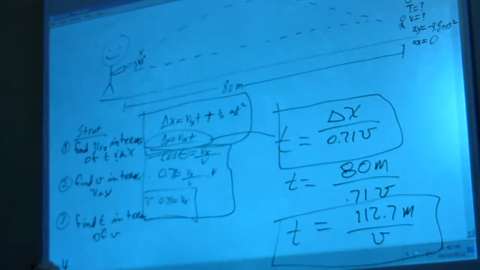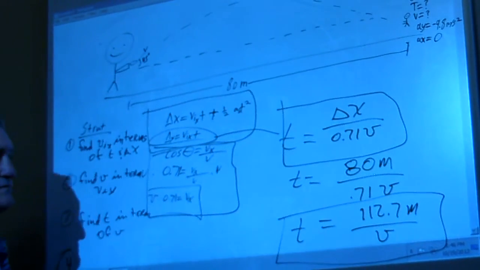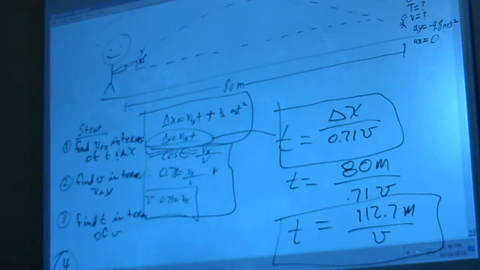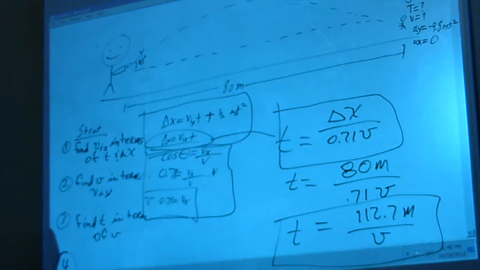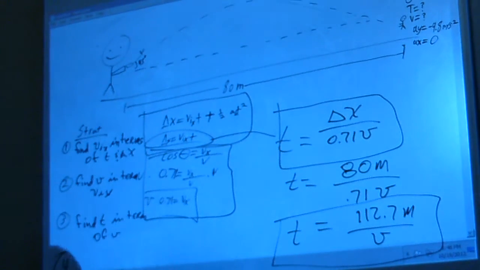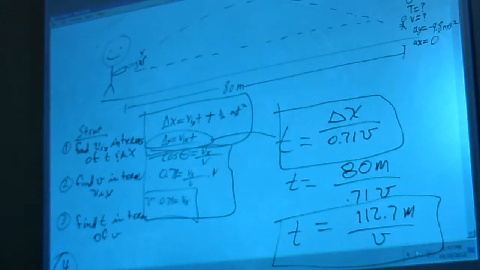Step 4, stay on the board. What was our fourth step in that last problem? What do we do now? We now know what time is in terms of the thing we're trying to find out. So did you find the sine theta? Yeah, sine theta equals Vy over V. That was our next step.